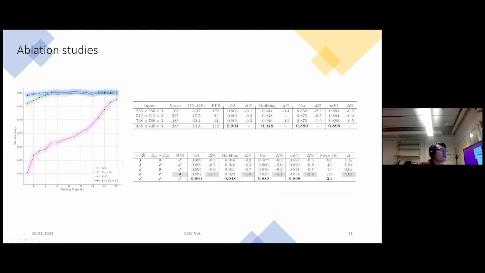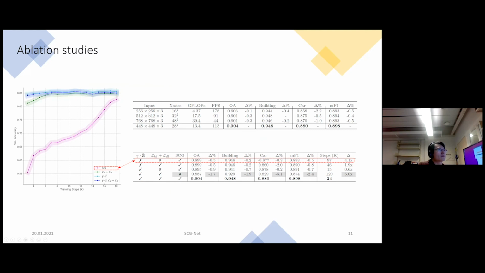And we also did some other ablation studies to evaluate the effectiveness of the proposed regularization terms and residue terms. So basically, for example, if we remove the residue and the regularization, the learning process can be very slow, and it takes 4 times longer to get the local optimal results.